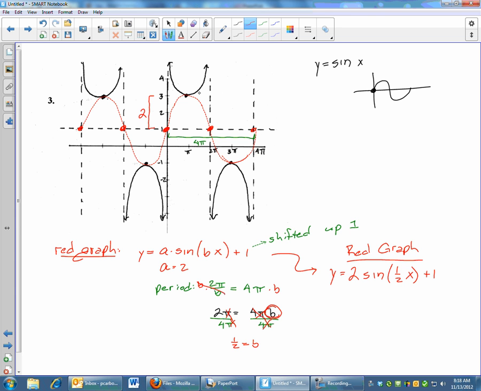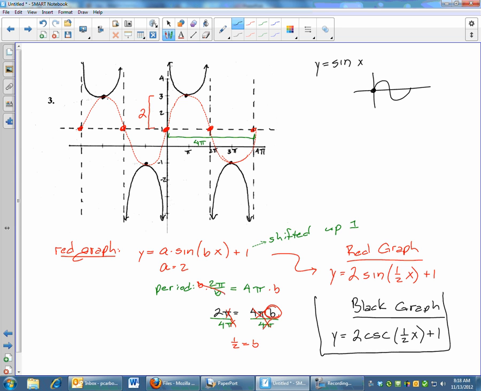But the black graph is what we're trying to find the equation of. We graphed the humps of sine, which means my black graph is going to be a cosecant graph, and everything else is going to be the same. Amplitude is 2, except now it's cosecant. The period was 4 pi, so it's still 1/2 x, and we're still shifting up 1. So there's the equation of the cosecant graph.